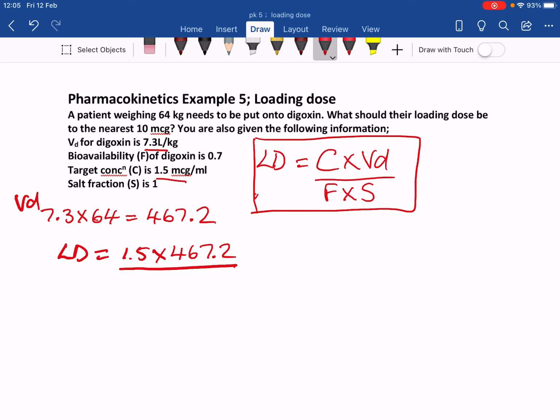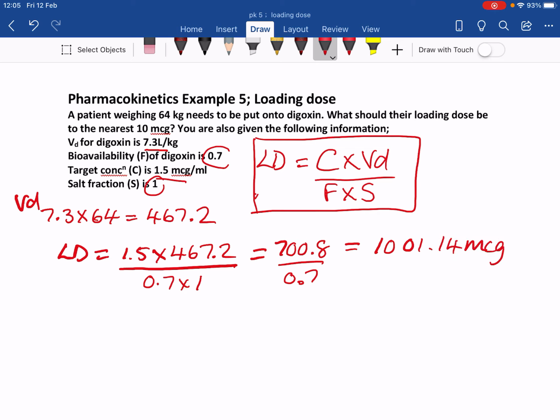Divide that by the bioavailability, 0.7, multiplied by the salt fraction of 1, gives us 700.8 divided by 0.7 equals 1001.14 micrograms.